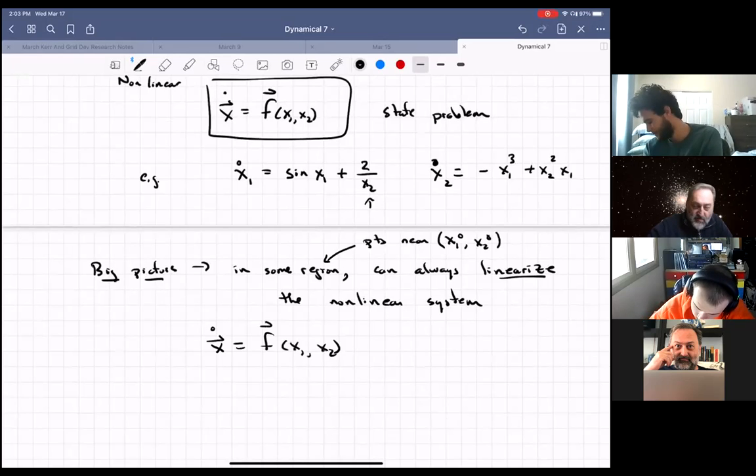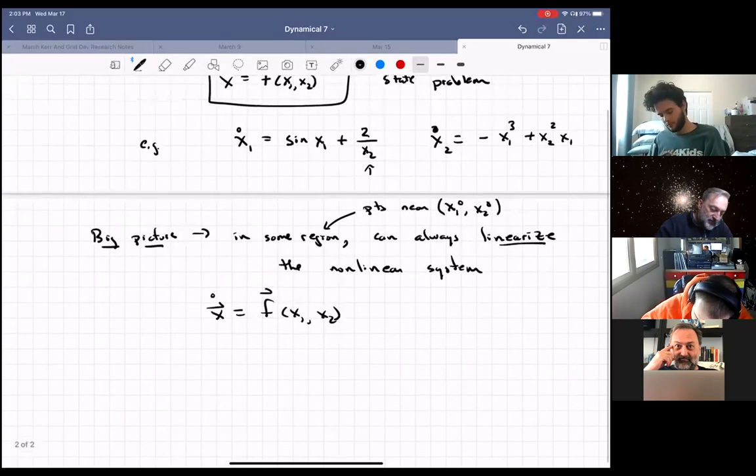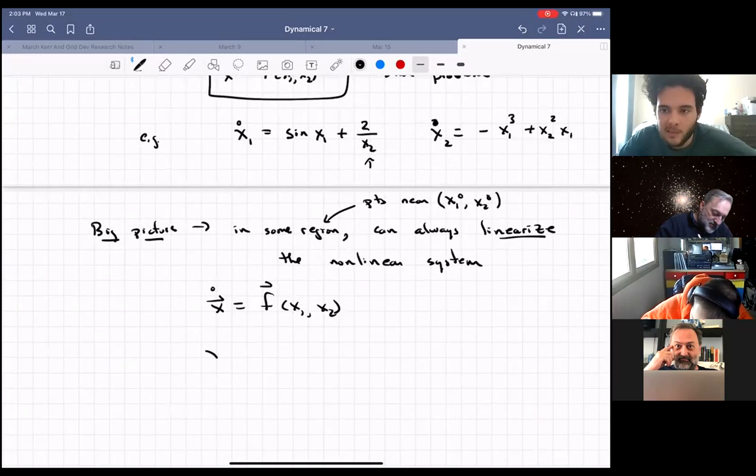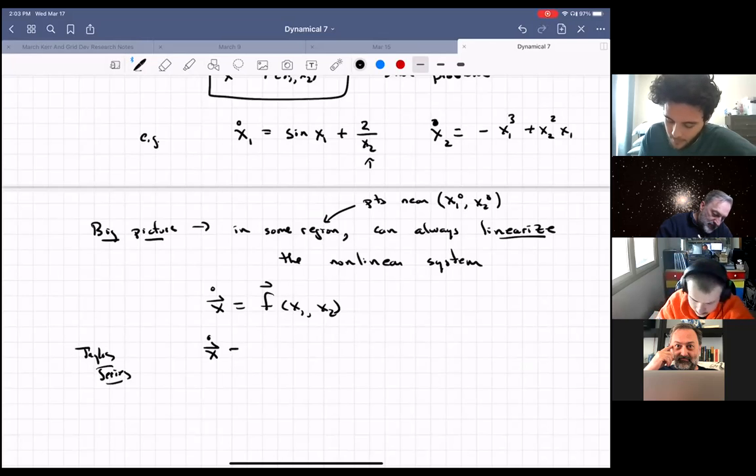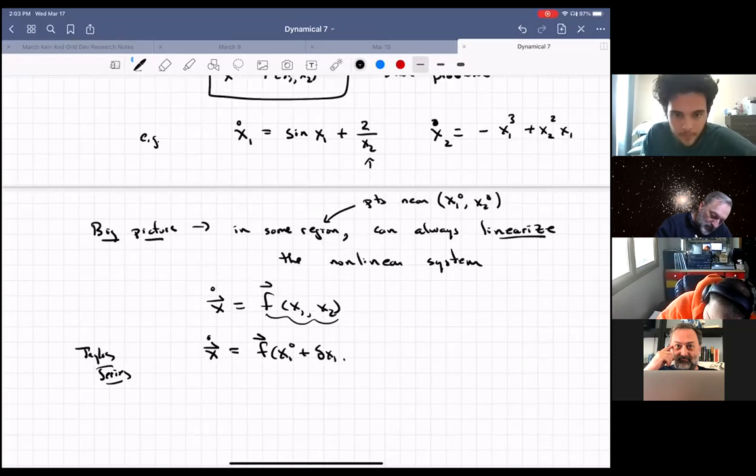And then by Taylor series expanding my nonlinear system, I can look at just the first order term. So I'm Taylor series expanding f at x1 naught plus some delta x1 and x2 naught plus some delta x2.